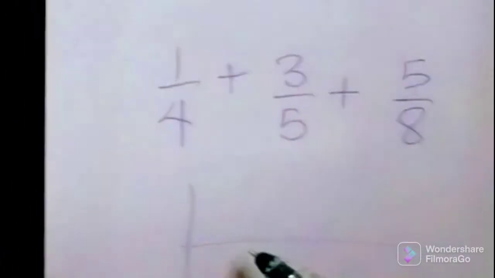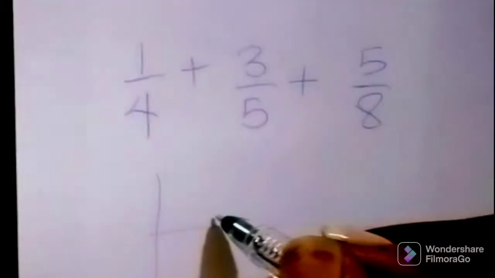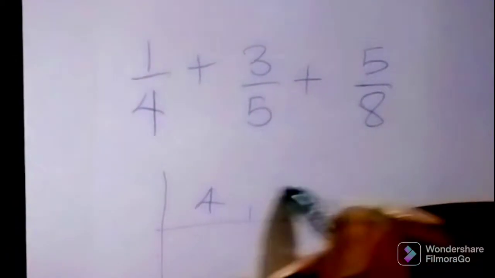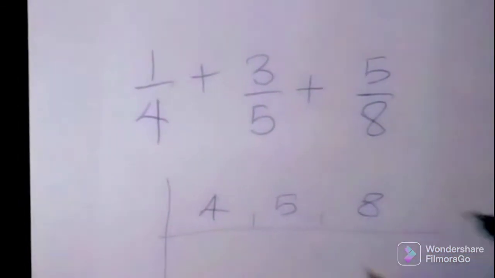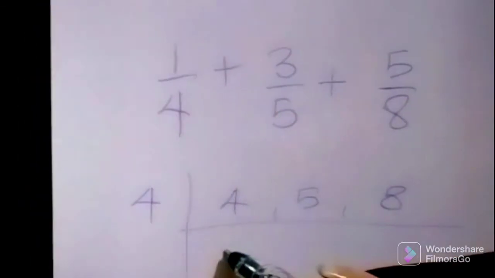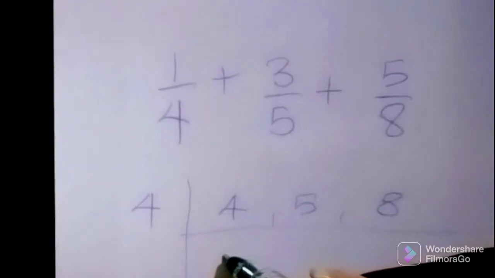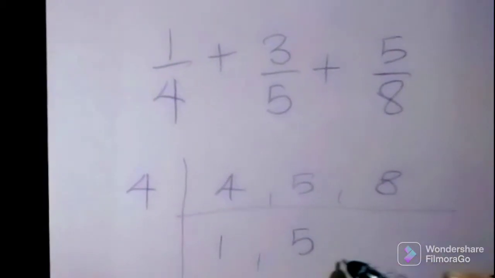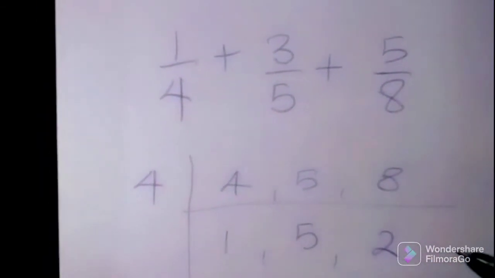So we'll look for the LCM of these denominators, which are 4, 5, 8. So let's try 4 first of all. 4 goes here 1. 4 doesn't go into 5, so we'll bring it down. 4 goes into 8 2 times. 2 doesn't go into 1. 2 doesn't go into 5. 2 goes into 2 1 time.